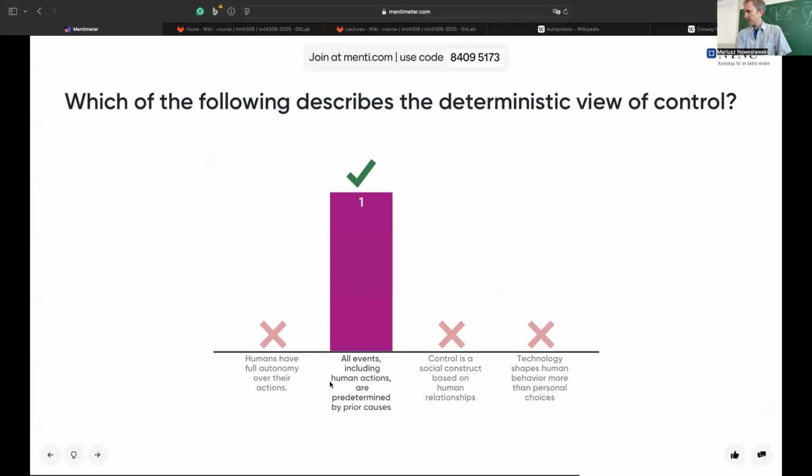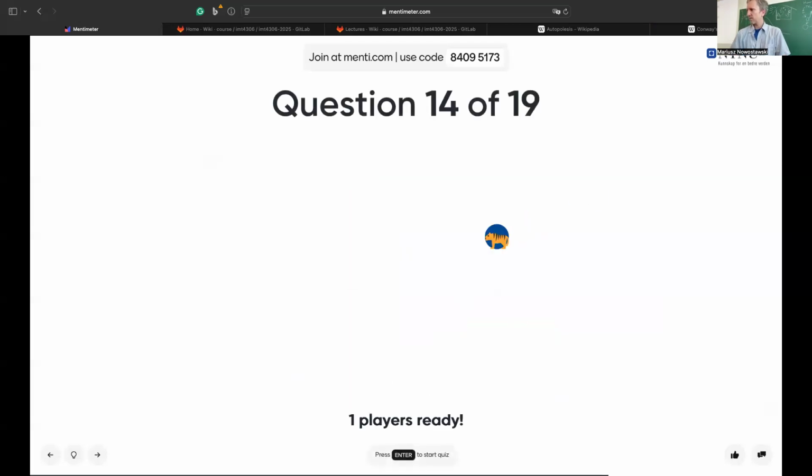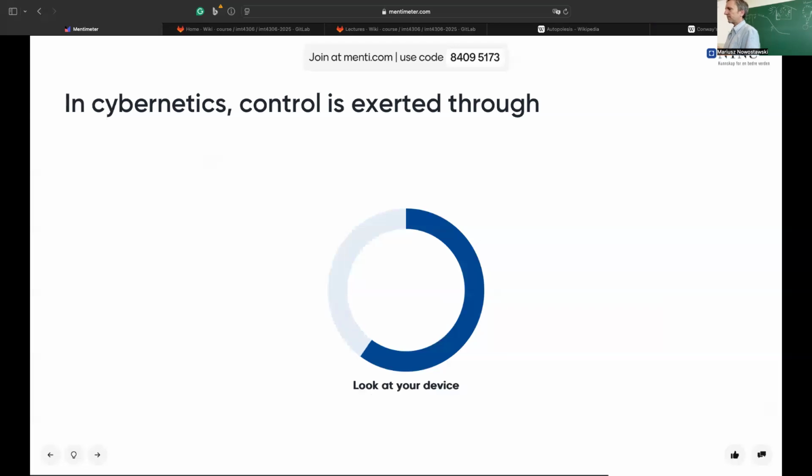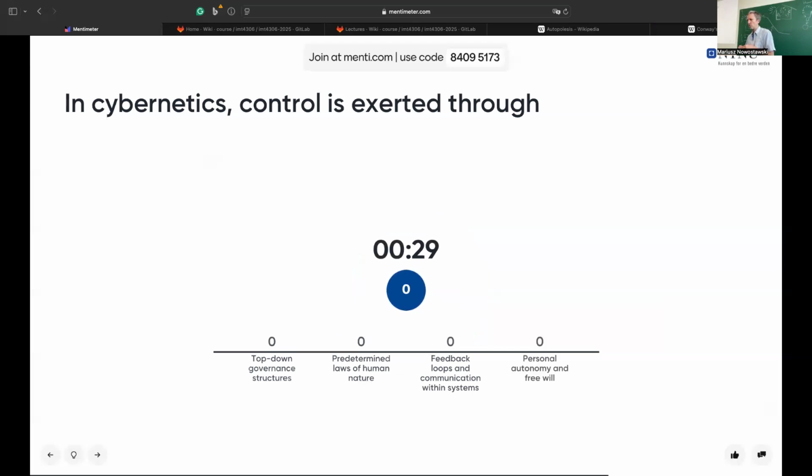All right, so that's determinism. Let's move on. We will ask about the other concepts in a moment. So in cybernetics, control is exerted through feedback loops and communication within the system.